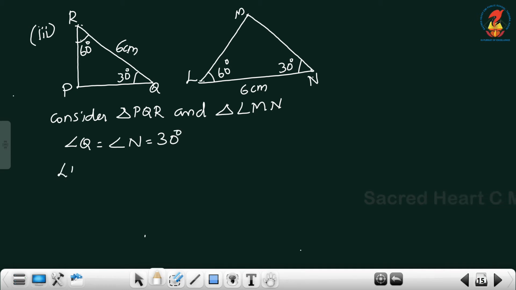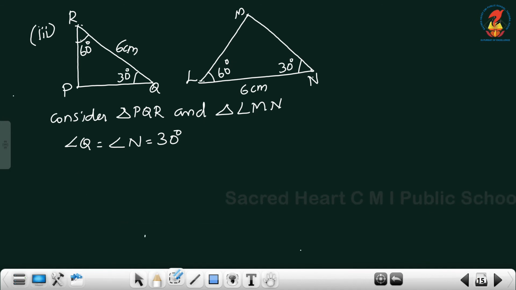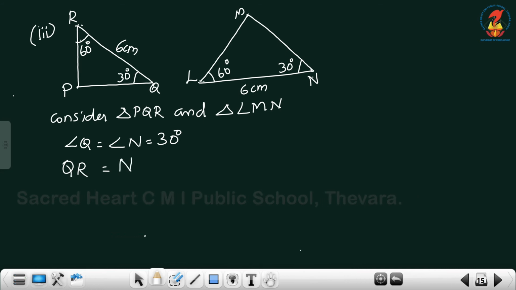First you consider the triangle PQR, second triangle LMN. QR equal to NL equal to 6 centimeter. Next, angle R equal to angle L equal to 60 degree.